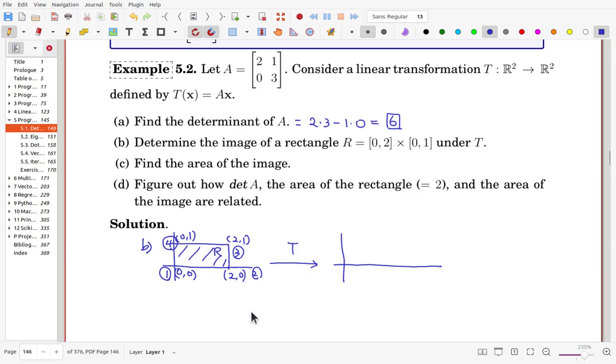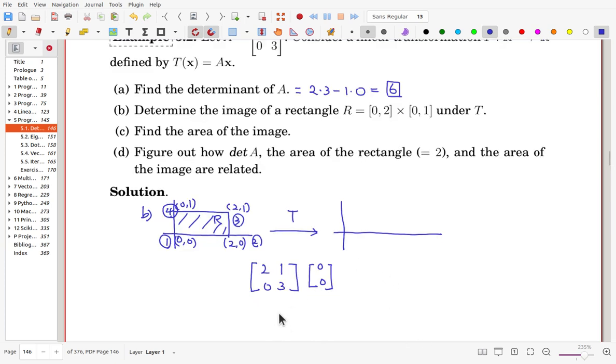Now the matrix is here, 2, 1, 0, 3. For corner number 1, (0, 0), if we multiply it by the matrix, the result must be (0, 0). We'll write it down below this vector. That means this is the image of the first corner.